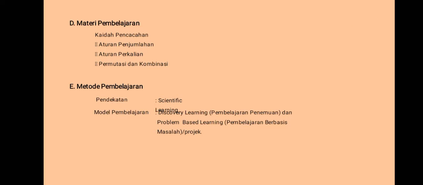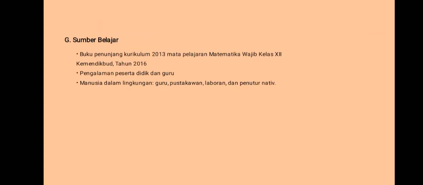A is the learning method. The learning method in this topic is the scientific approach, and the learning models are discovery learning and problem-based learning. There are 3 short studies in this topic.